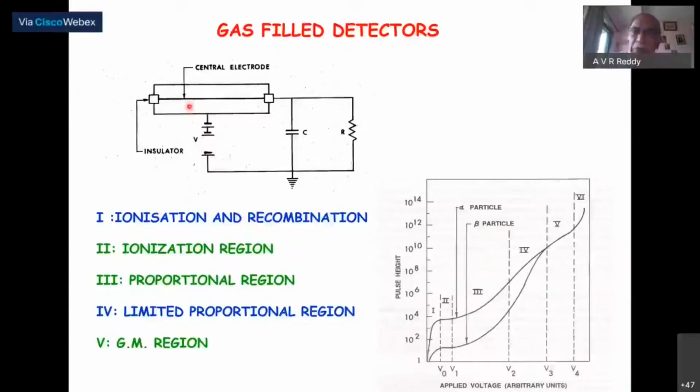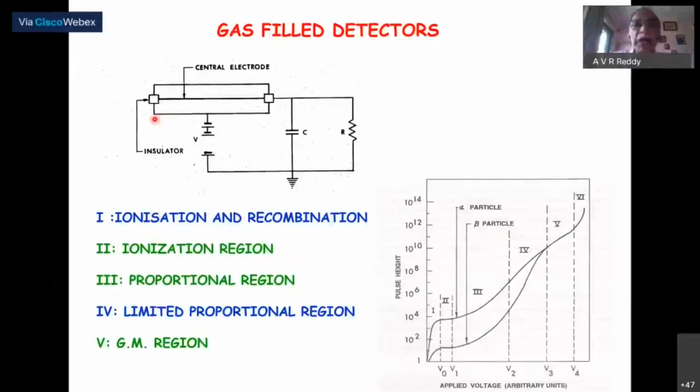Positive ions have to come to the surrounding tube. They will form concentric layers because they are slow. Think about argon. An argon ion has 37 mass units, whereas an electron has 0.0005. Because of the huge difference, electrons will reach, and positive ions are left behind.